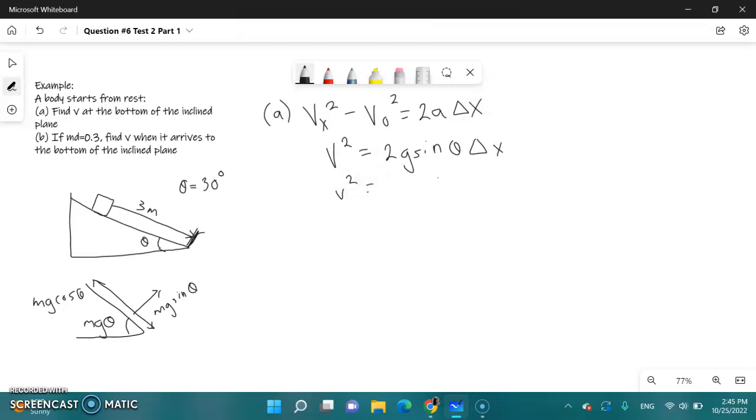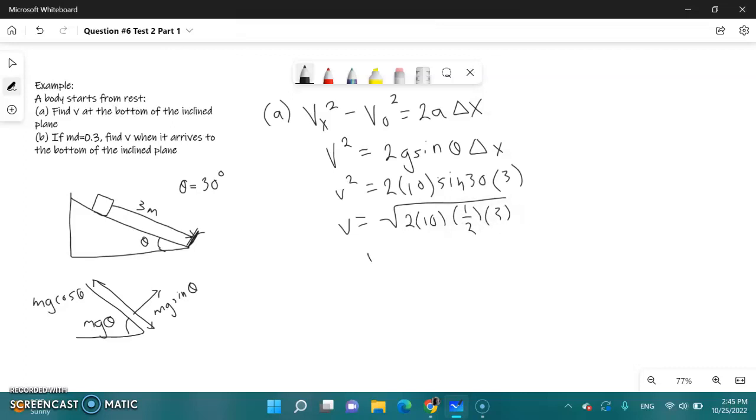So we know that g is 10, theta is 30, so sine of 30, and the displacement is 3 meters. We can start simplifying and take the square root. So we have 2 times 10, sine of 30 is half, and then times 3.